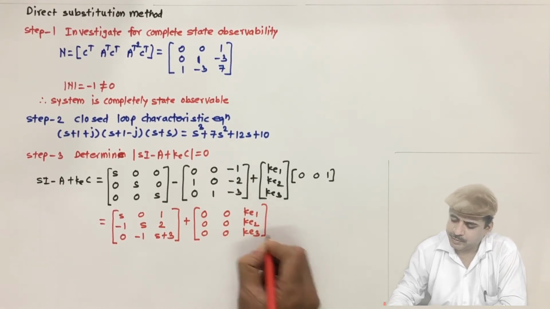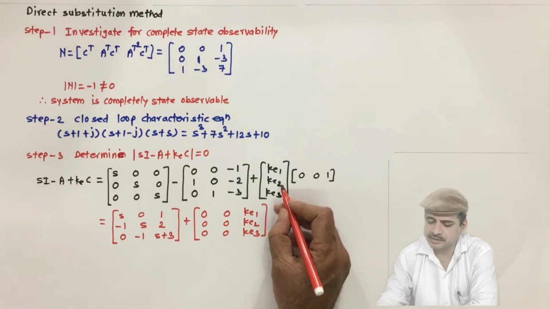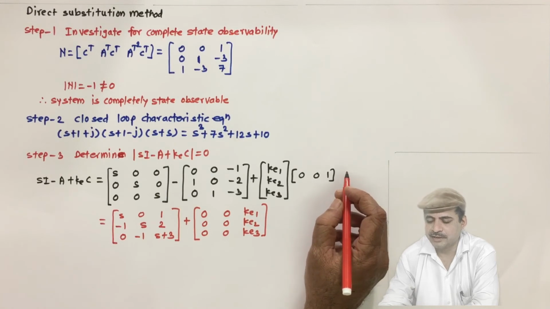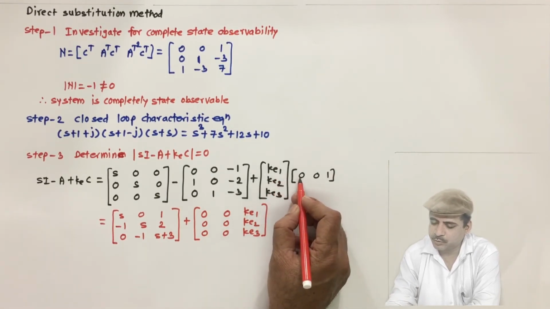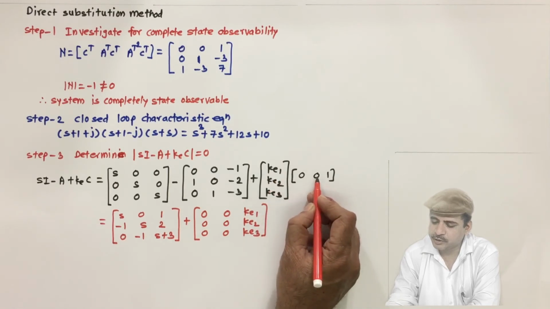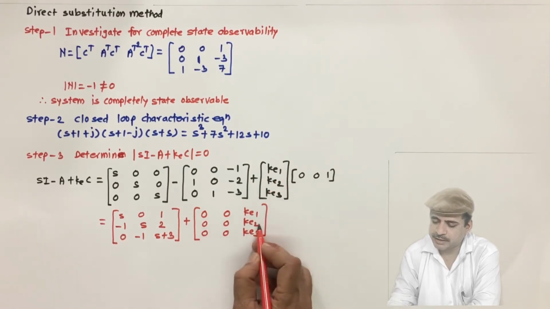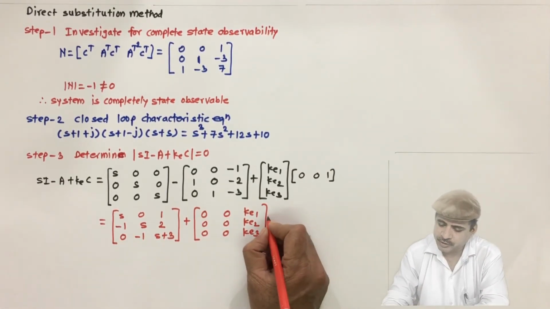Many students have problems in doing multiplication of such matrices. See, this matrix is 3 by 1, this matrix is 1 by 3, so multiplication is possible and the result will be 3 by 3. Now what to do? Multiply with KE1 to every element. 0 0 KE1, first row. 0 0 KE2, second row. 0 0 KE3, third row. It is done. And this is equal to what?